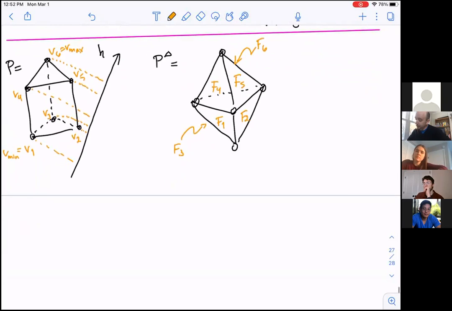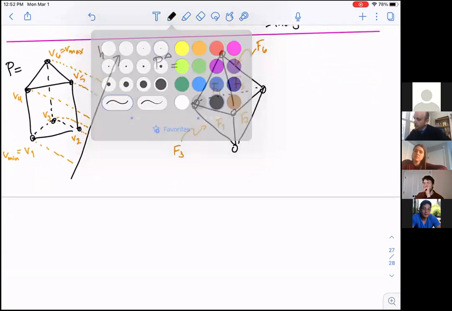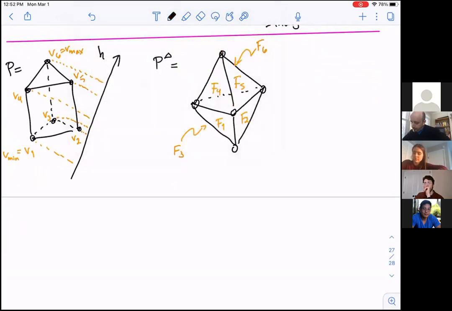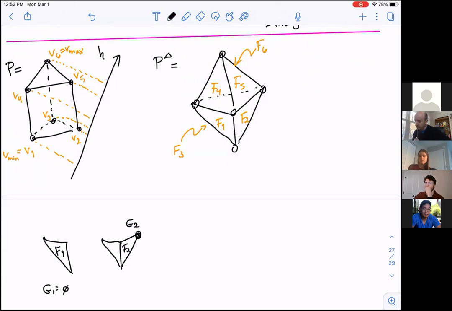And let's actually just look at these G's. So when I draw it bit by bit, I'm building up this thing as here's F1 and G1 is empty. And here's F1 is here, and then I put in the F2, and that's my G2. That's my G2 right there.